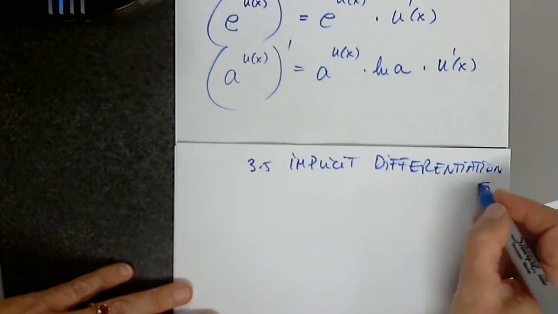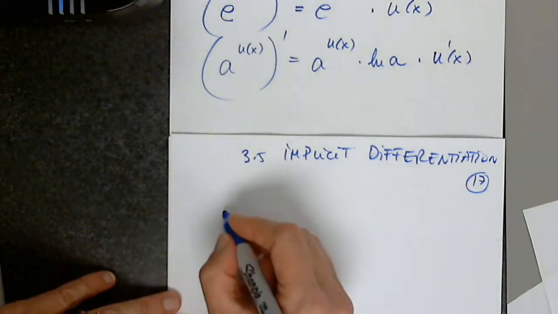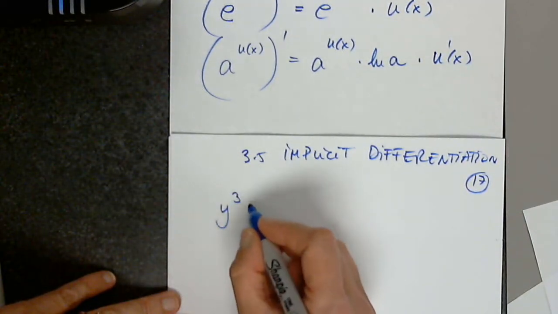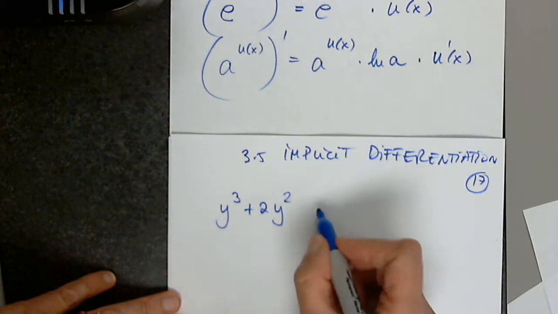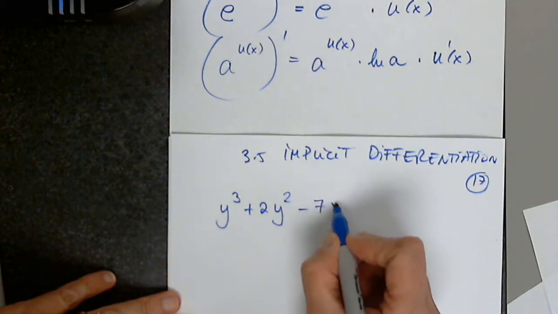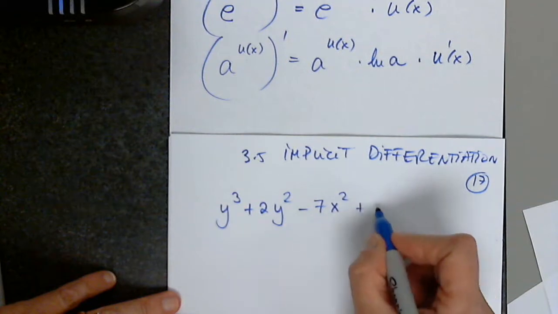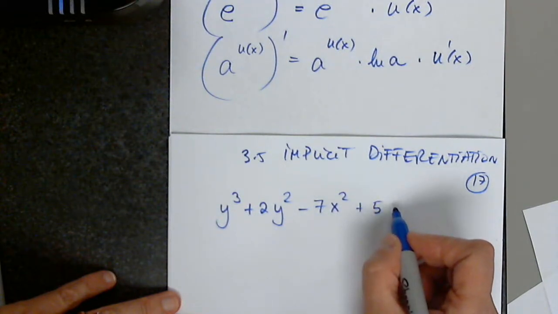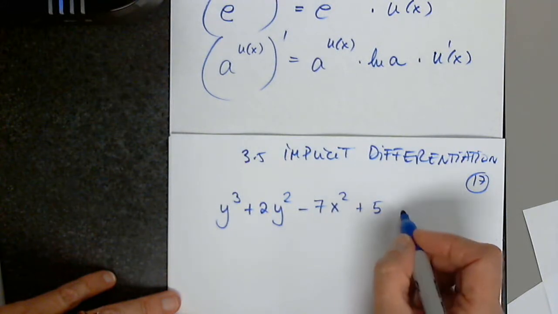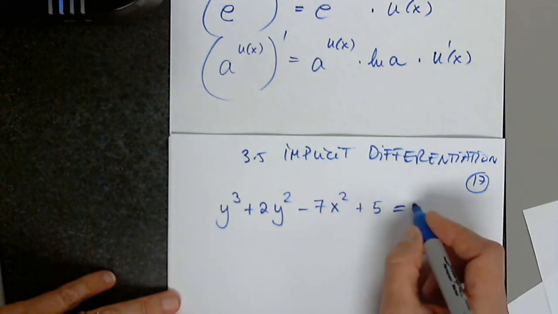Such a long word. Okay, so let's say I have y to the third plus 2y squared minus 7x squared plus 5, and let's say I have that equals 0.